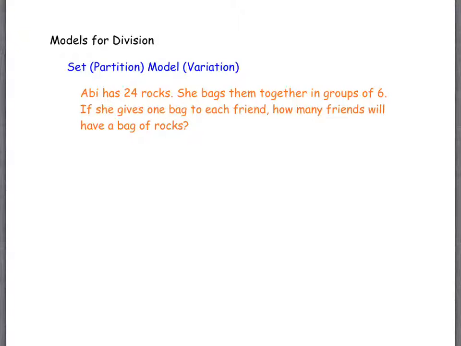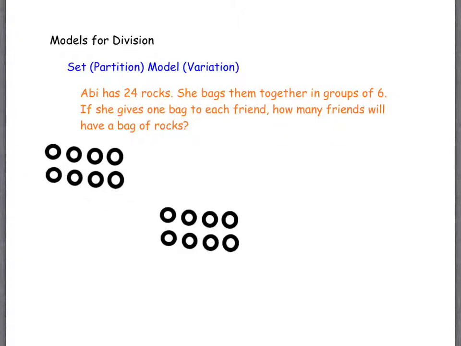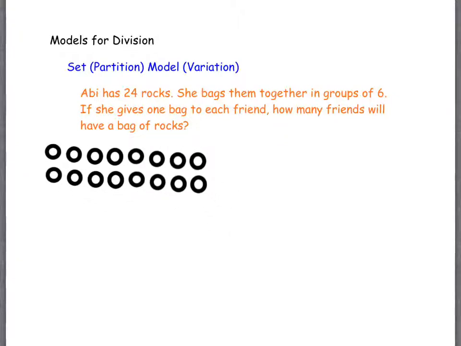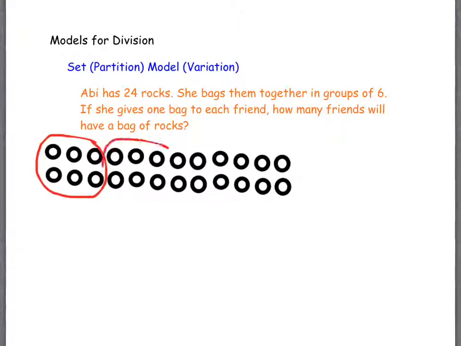She's taking 6 rocks. She's not giving a certain amount to 6 friends. Instead of having 6 friends that she gives the rocks to, she's giving groups of 6 rocks. So instead of partitioning them off so that 6 people get rocks, we put rocks in bags of 6.